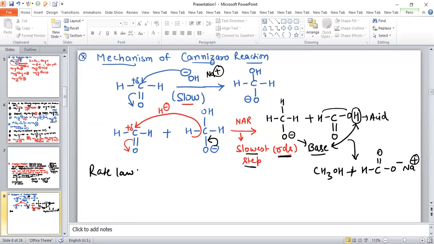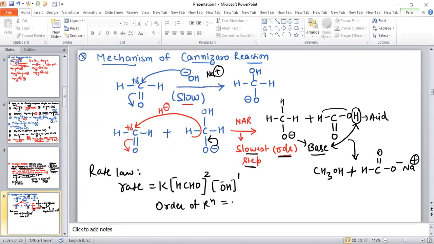The rate is K times, with respect to aldehyde the order of reaction is 2, and with respect to OH minus the order is 1. So the overall order of this reaction is 3 in this case.